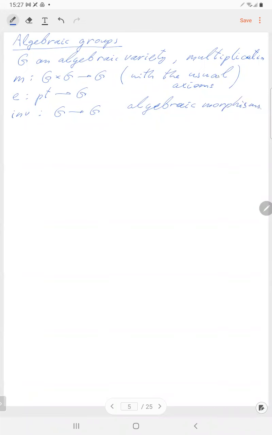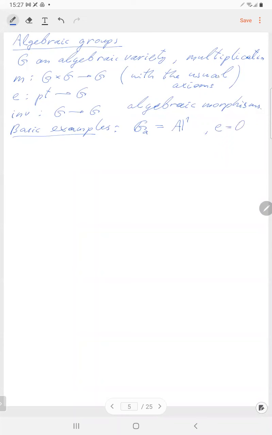Okay, so there are some basic examples, certainly well known to everybody. So first we have the additive group. As an algebraic variety, this is just the affine line.